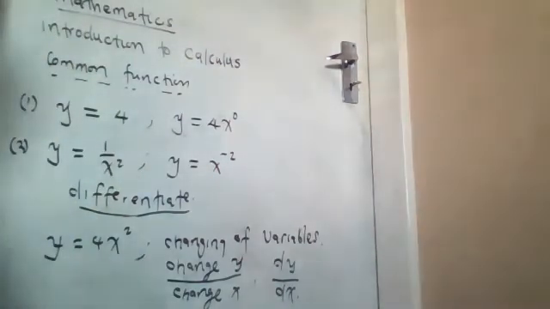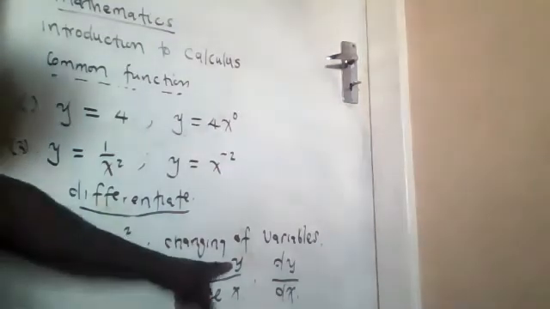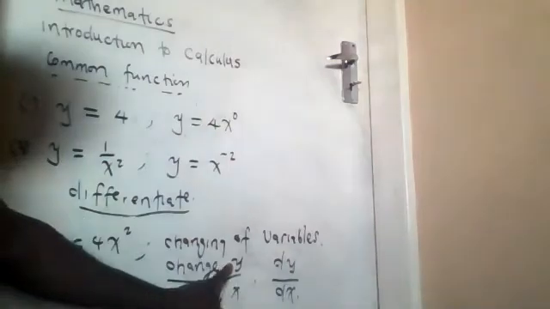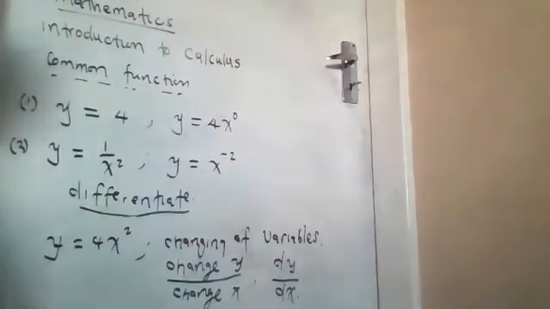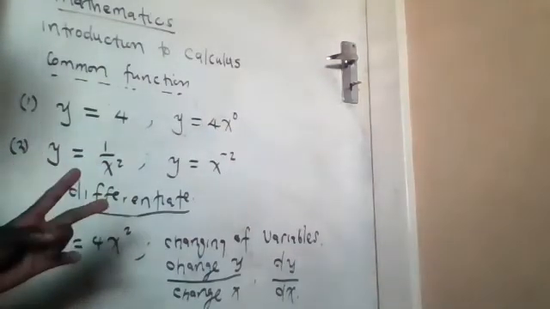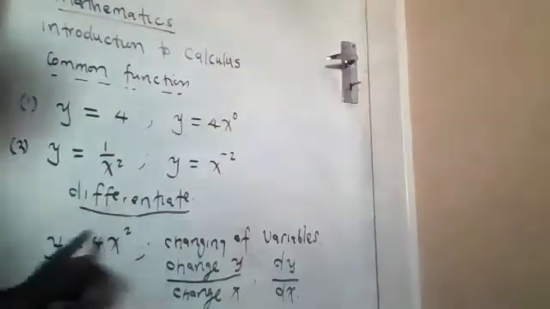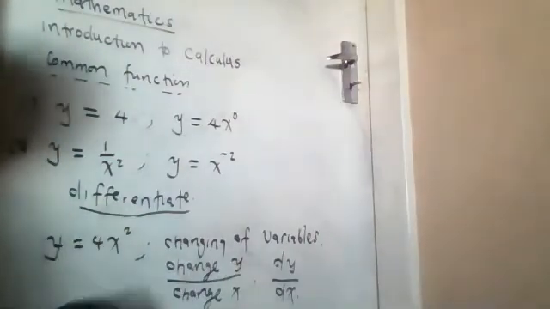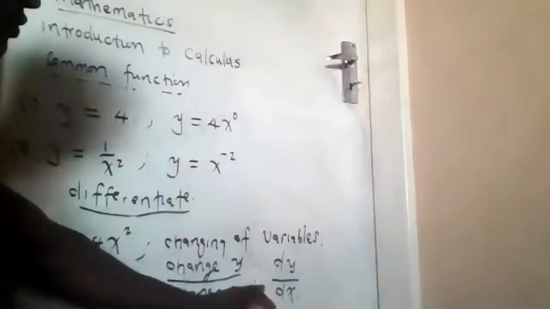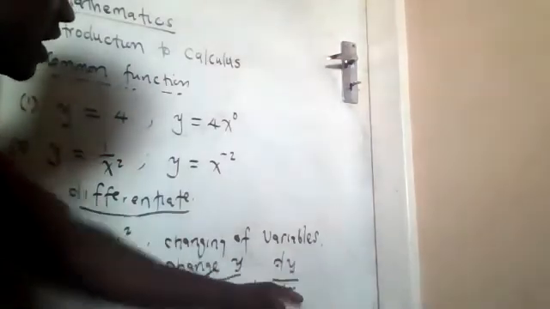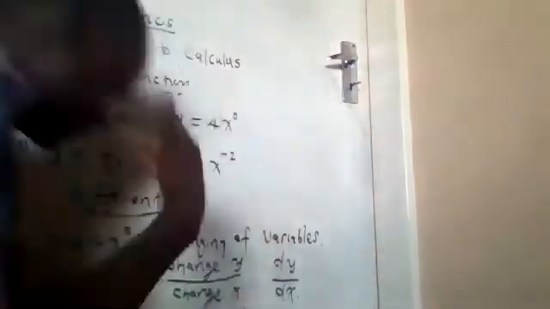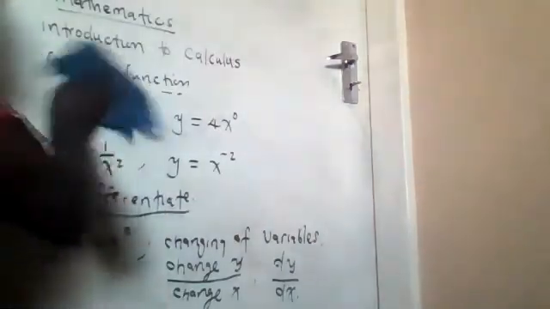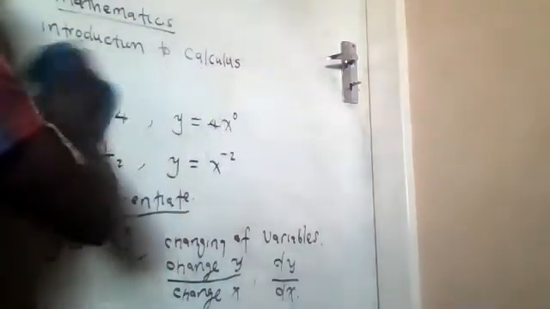That's where our mathematics starts today. They're asking you to look at how these two variables, y and x, are changing, because in this equation I've got two variables. How is y changing with respect to x? Which will also be represented as dy over dx. So that is where our mathematics starts from today.